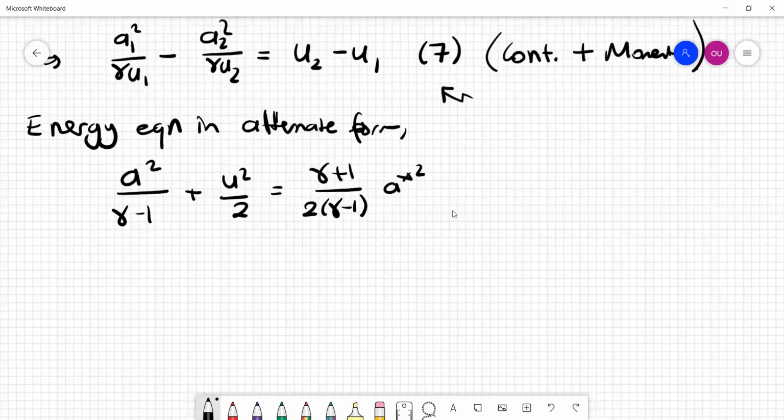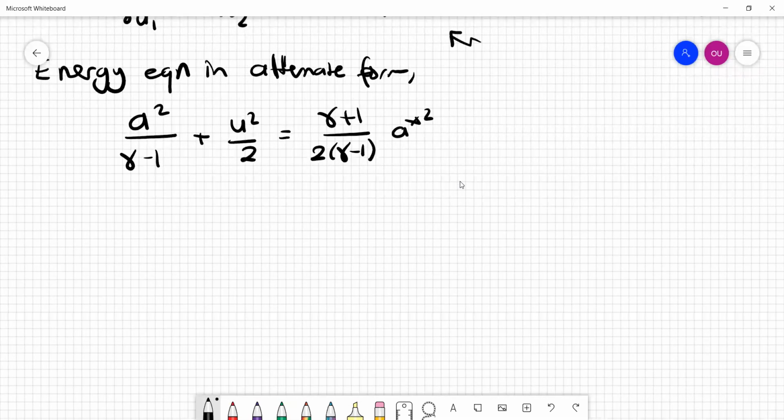So first of all, for flow region 1, before the shock wave, and when I say 1, you can refer to my control volume up there, I don't want to scroll the whiteboard again.